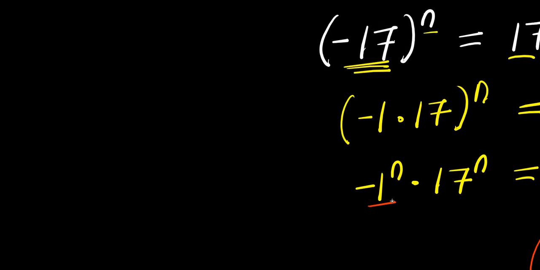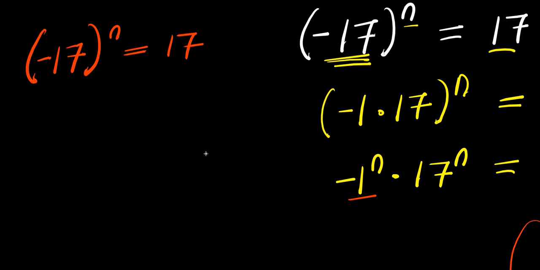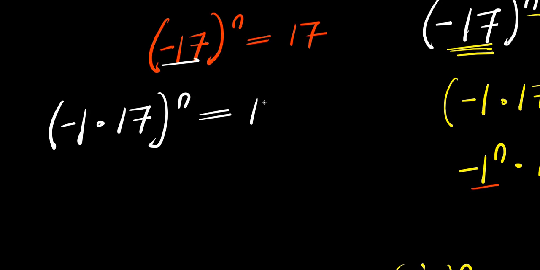Let's consider another approach to this. Negative 17 to the power n equals 17. We are still going to consider replacing this with negative 1 times 17, to the power n equals 17. Now consider this identity.